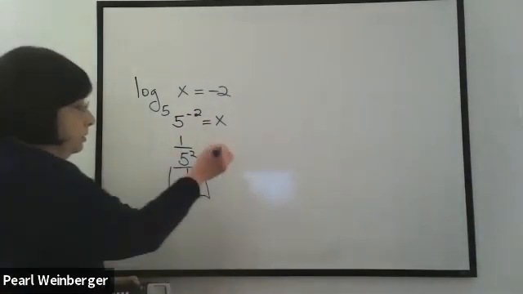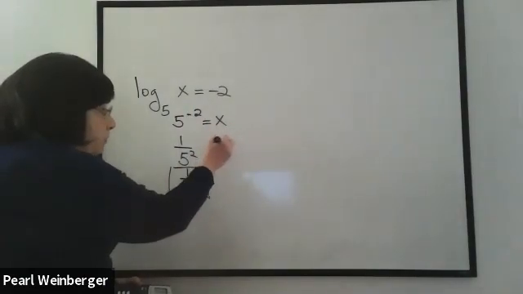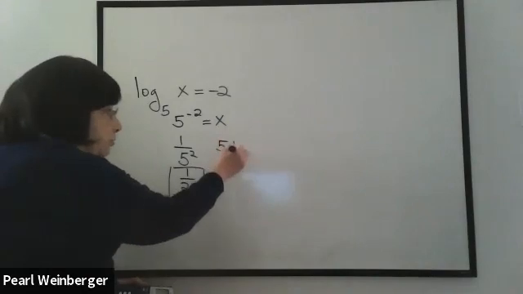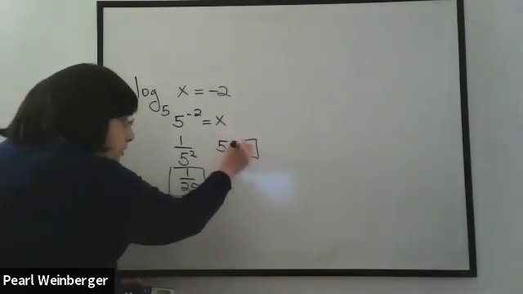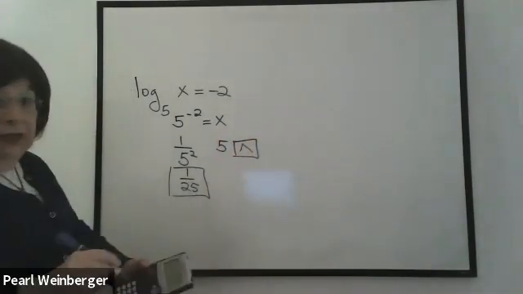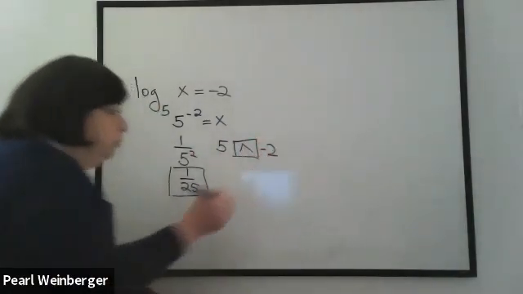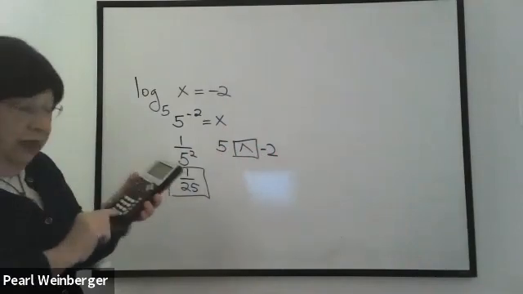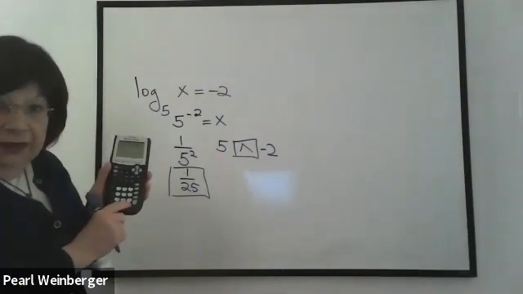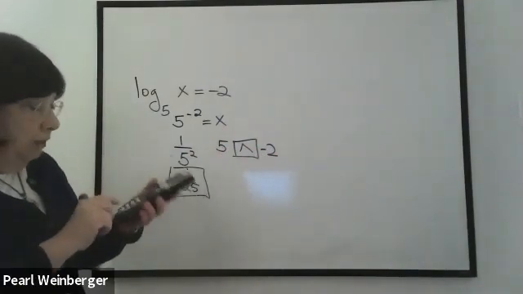What if you had done this on your calculator? How would you have done this on your calculator? You would have put in your 5. You would have pressed your exponent button. I hope everybody knows now where the exponent button is. And you would put in -2. Remember, when you're putting in the negative, it's the negative button, not the subtraction button.